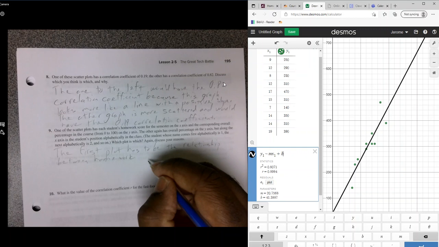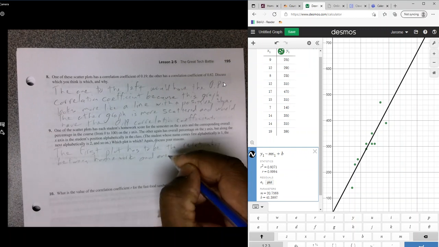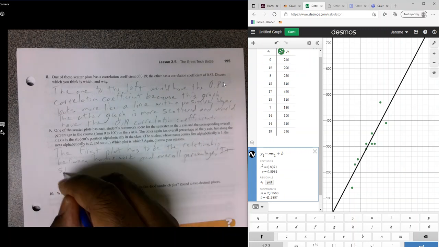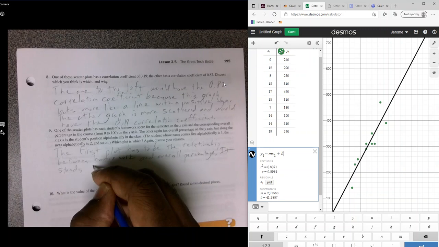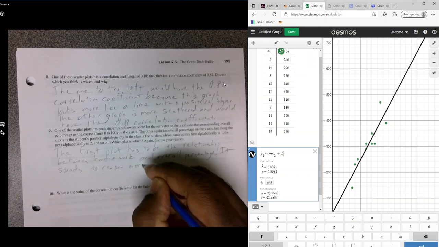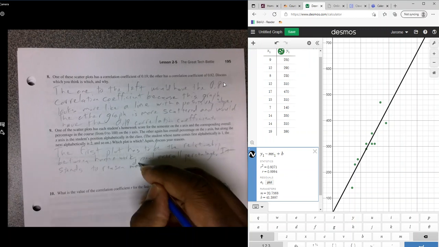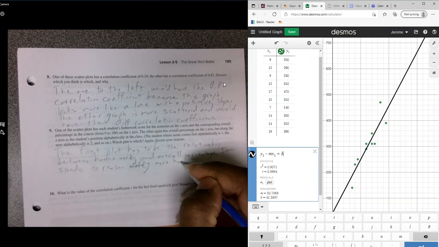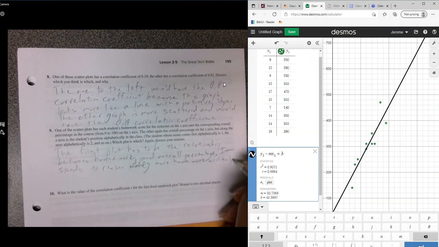It stands to reason that doing more homework will help you learn and your overall grade will improve.